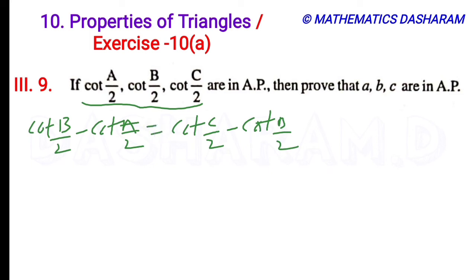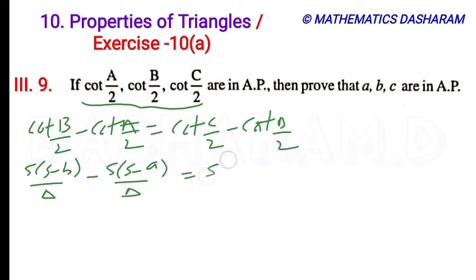Common means equal. But cot B by 2 formula is s bracket of s minus b divided by delta, minus cot A by 2 formula s bracket of s minus a divided by delta. Here s bracket of s minus c divided by delta, minus s bracket of s minus b divided by delta.